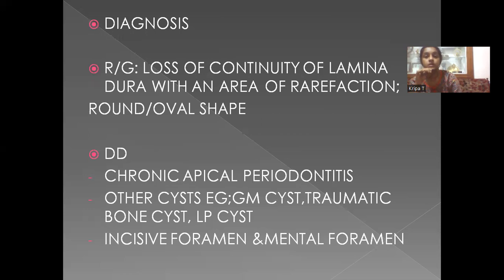Radiographically, you can see a definite round or oval shaped periapical rarefaction, and that's easy to identify. See how much it has affected, and how the alignment of the tooth is also affected. They have drifted because of pressure.